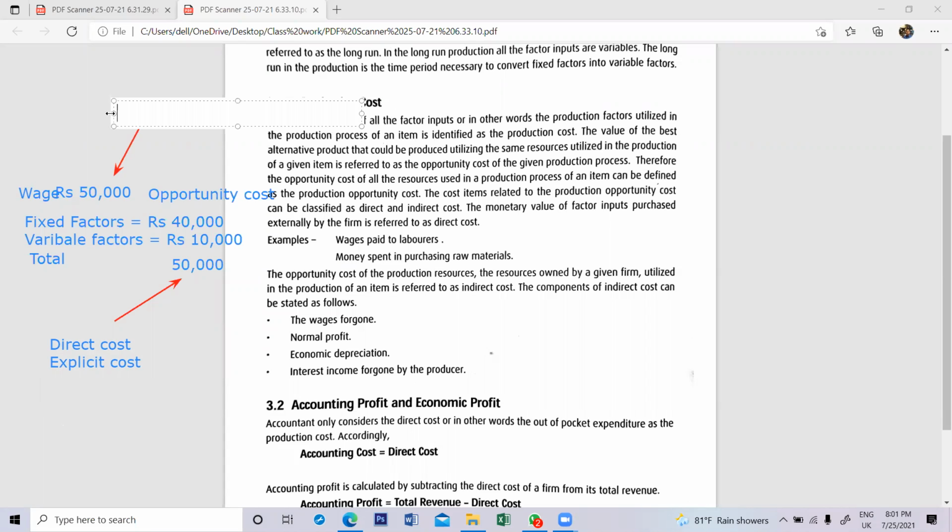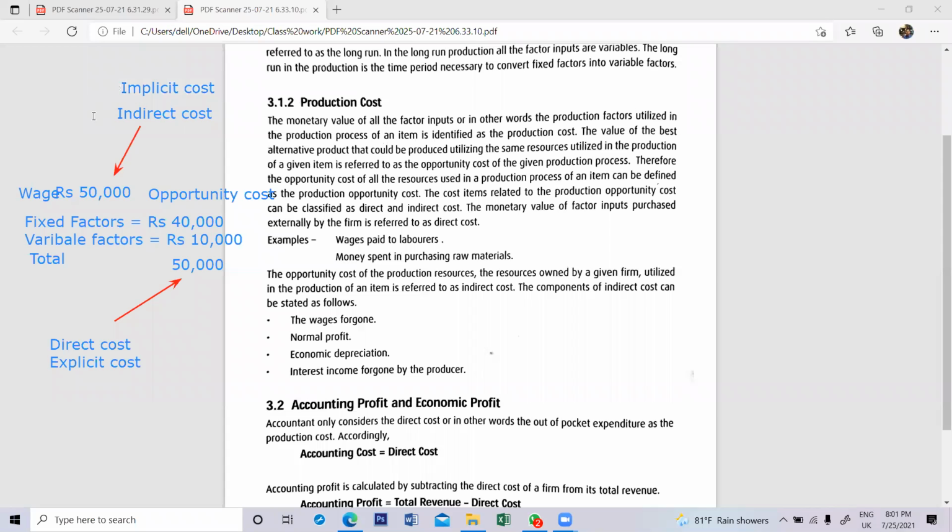Actually, this is called opportunity cost, if not indirect cost, as well as implicit cost.